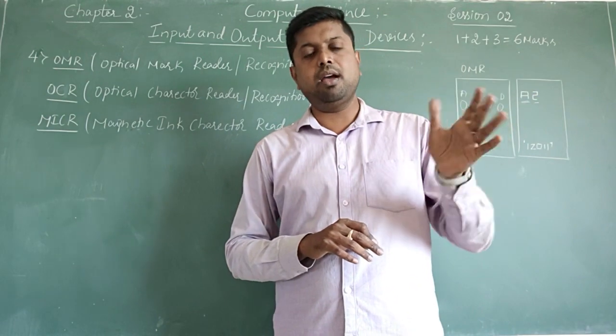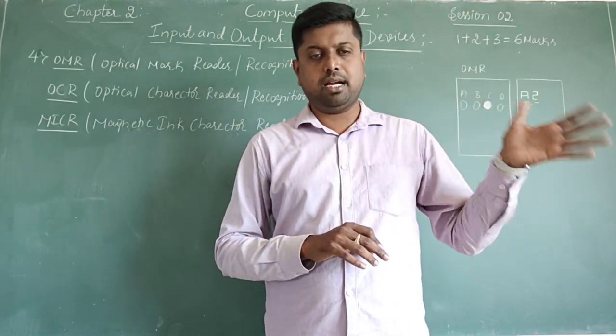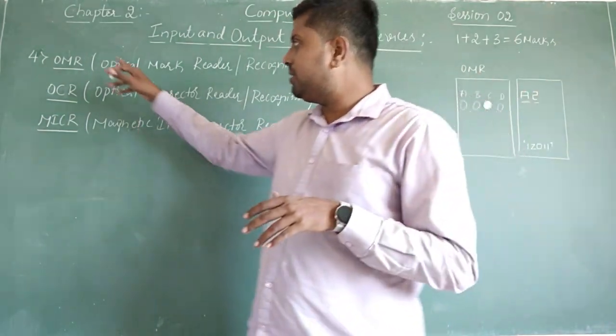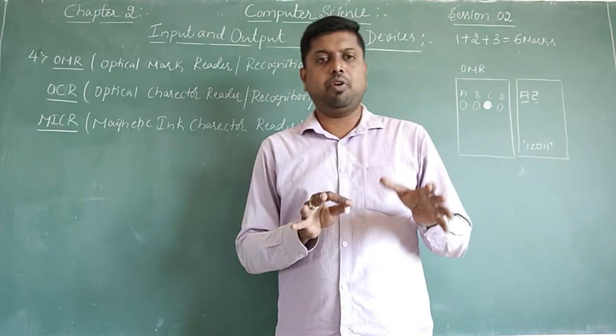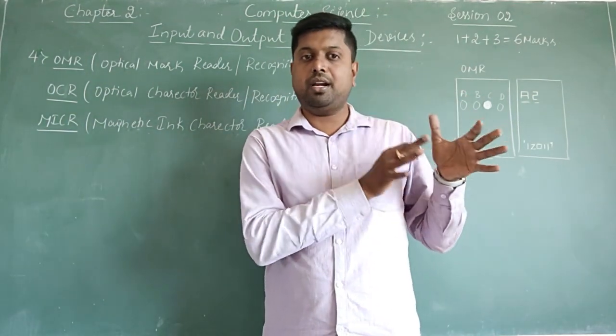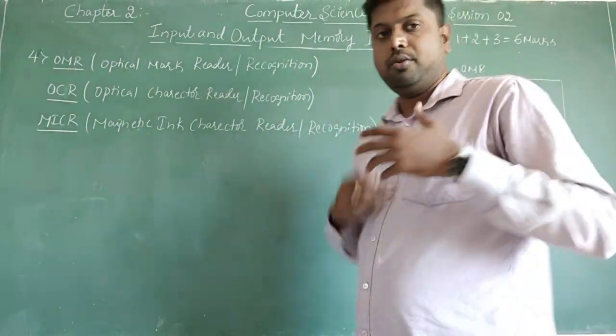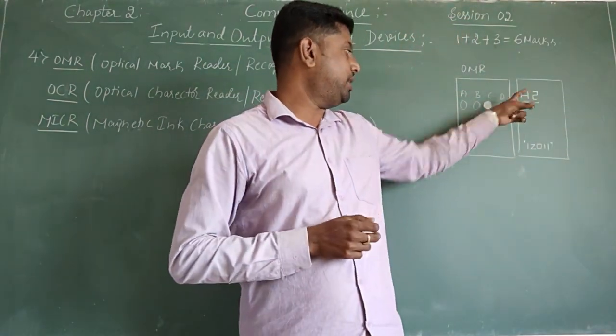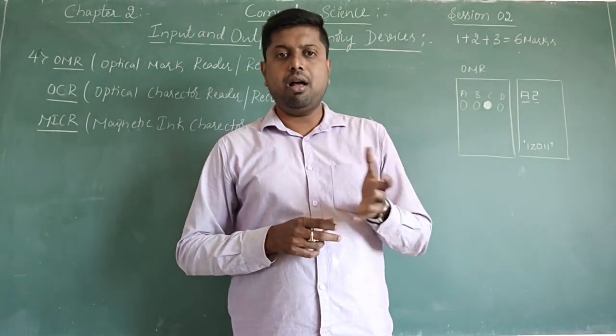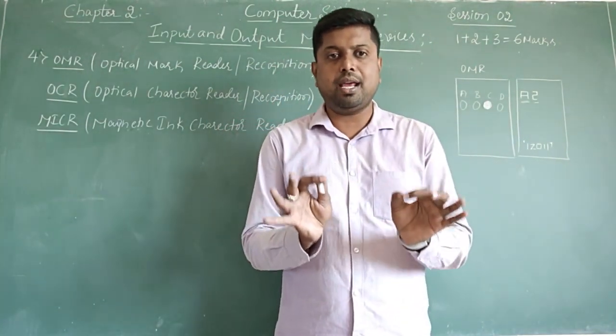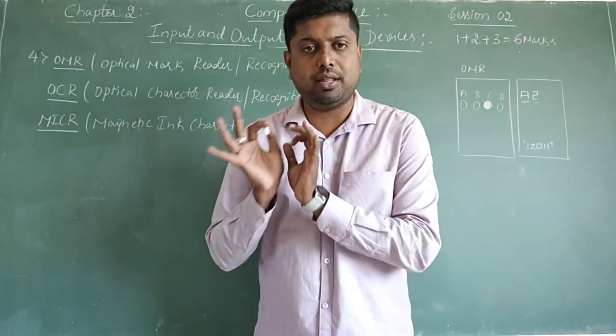So that is MICR, magnetic ink character recognition or reader. All these three categories are again input devices having different applications. OMR sheets are used in competitive examinations to mark with the help of light, like OCR or MICR. All these devices act as input devices for the reading purpose.